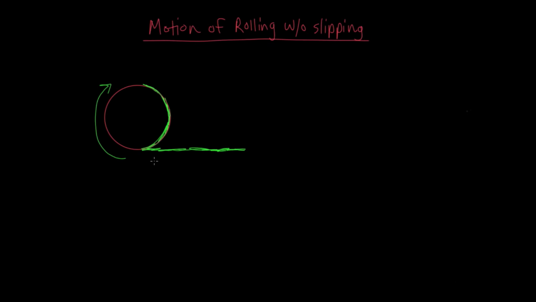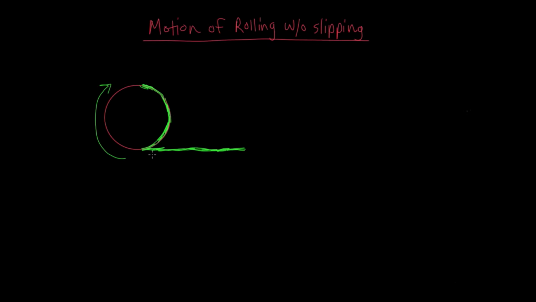So these two green lengths, this length and the length on the ball, are actually equal to one another. Meaning, as the ball moves forward, it moves a distance equal to this arc length, since these two lengths are equal.